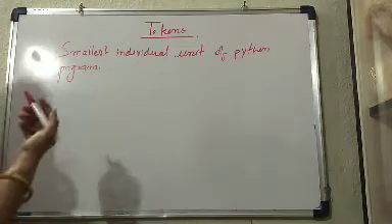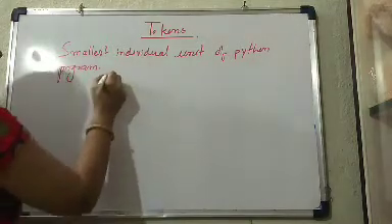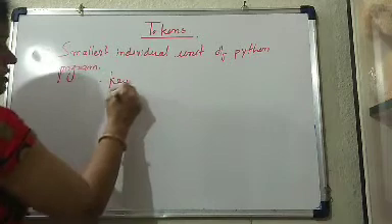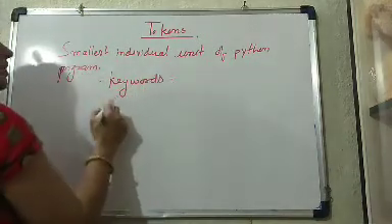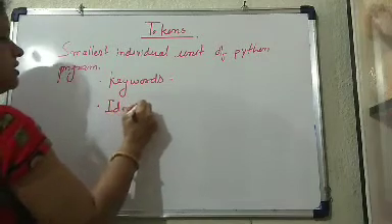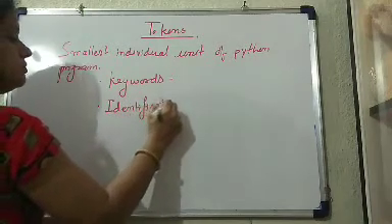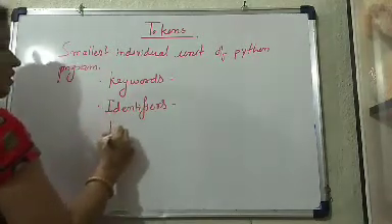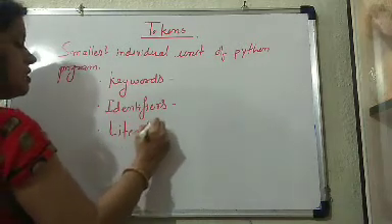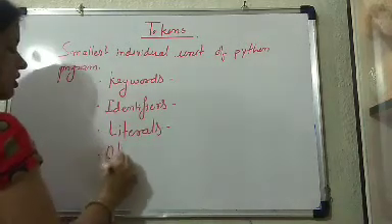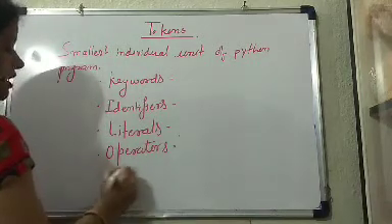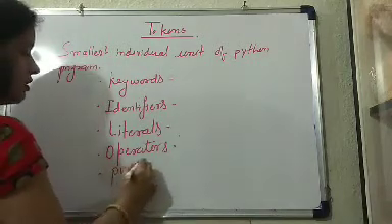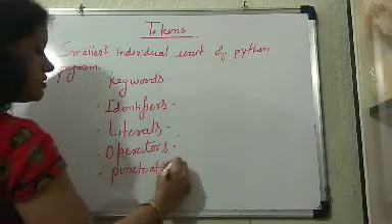Okay, so now what tokens are there? There are 5 types of tokens: keywords, identifiers, literals, operators and punctuators.